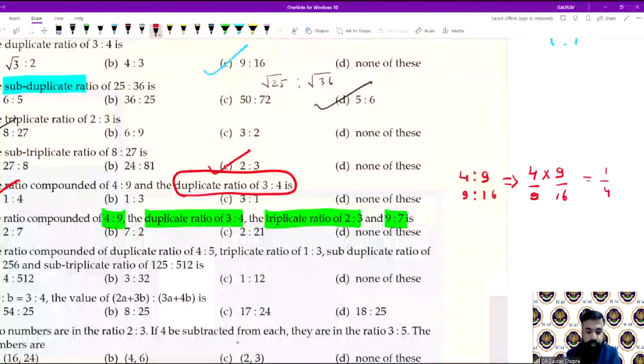That's great. So first was 4 by 9. Second is duplicate of 3:4, so 3 square is 9, 4 square is 16. Triplicate of 2:3, so 8 by 27. And the last one is 9:7.